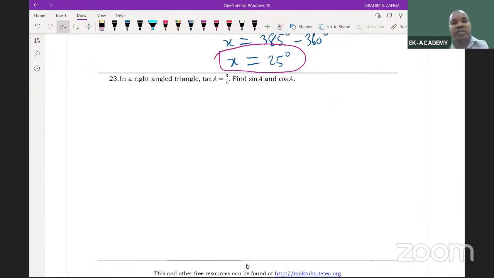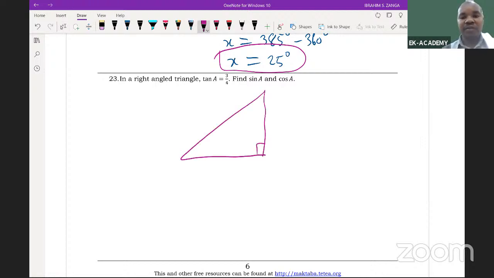We proceed to question number 23. Question number 23, in a right-angled triangle. So we have a right-angled triangle. There it is. Tan A is 3/4. So this is A. And tan A is 3/4. So we have to find the hypotenuse, first of all.